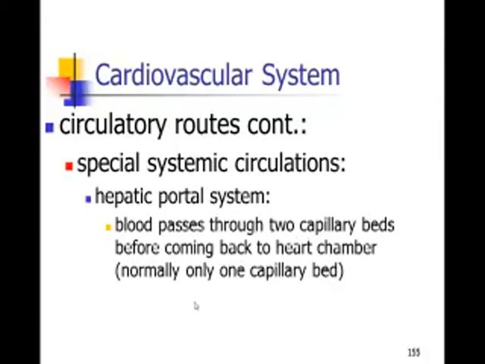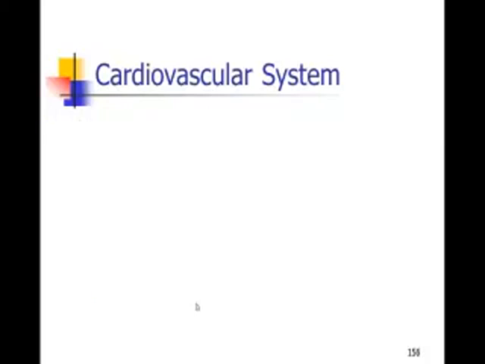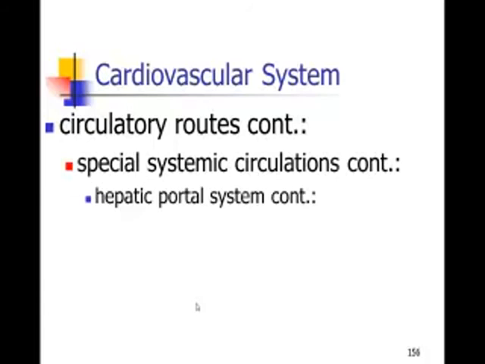In portal systems, we have blood going through two capillary beds before it gets back to the heart chamber. Normally, there'd only be one capillary bed before the blood gets back to the heart chamber. And the hepatic portal system is a great example. So we'll talk about this one a little bit because it really is more than just a curiosity. We'll see that it has 6 major functions, really important physiological functions.